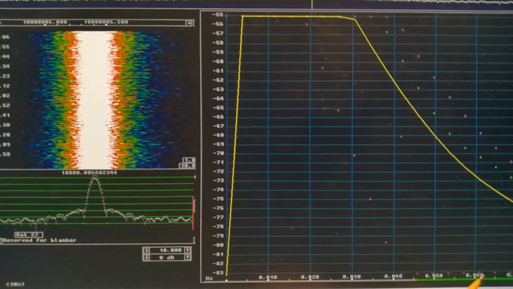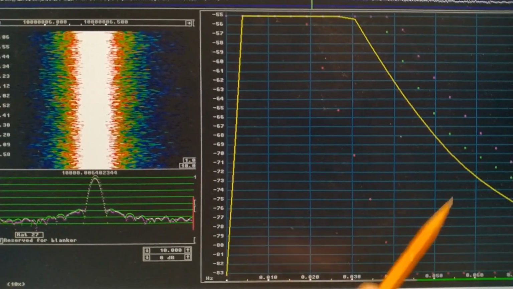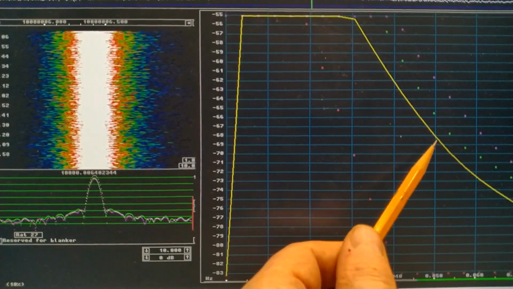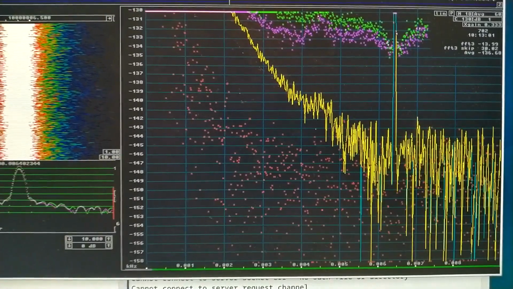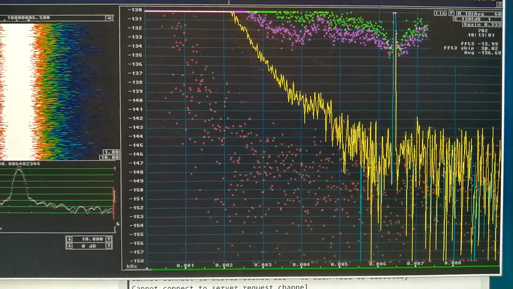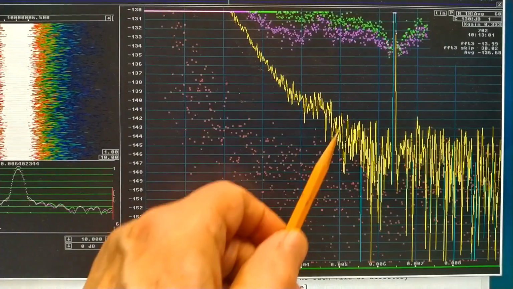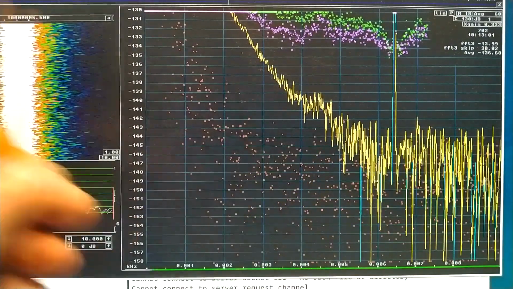So I start at 0.05 hertz here, and I can read 68.1. At larger offsets, the curve becomes more noisy, and maybe I can read at 5 hertz here.